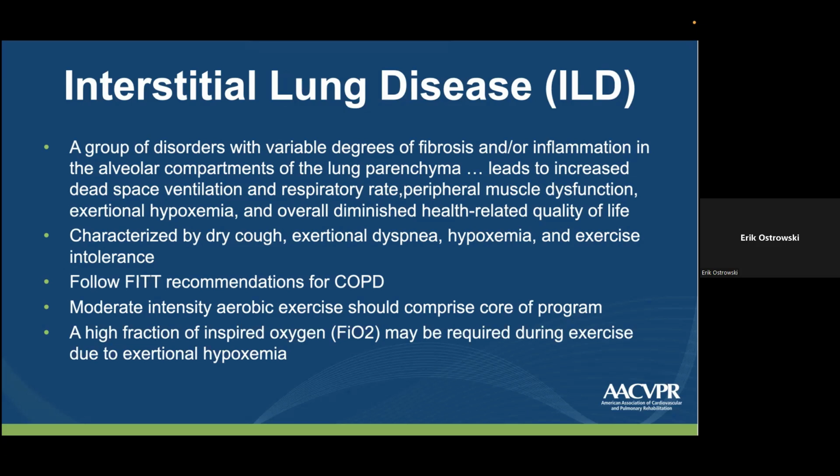Patients with interstitial lung disease typically have low lung volumes and reduced diffusing capacity. So they'll often have a rapid shallow breathing pattern. And because their diffusion capacity diminishes during exercise, these individuals often require supplemental oxygen, and to a high degree, as we discussed.